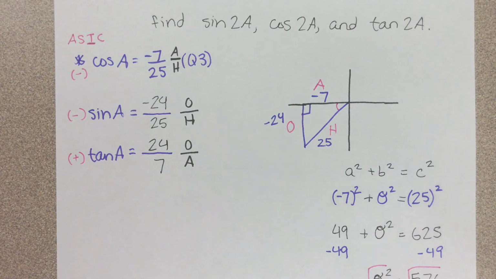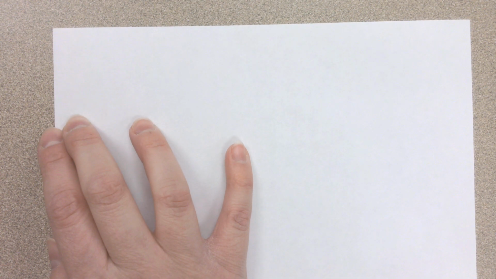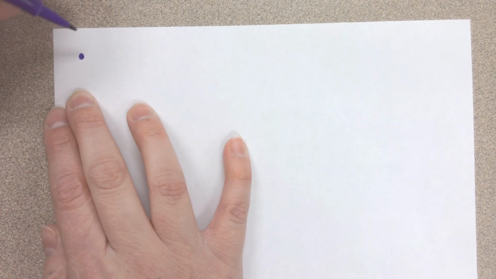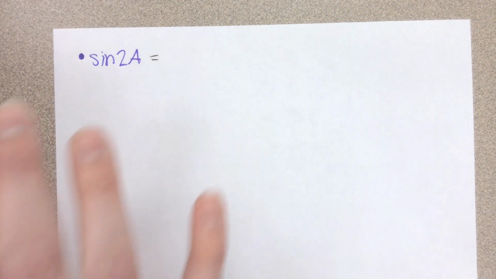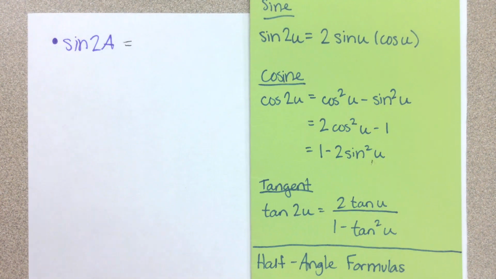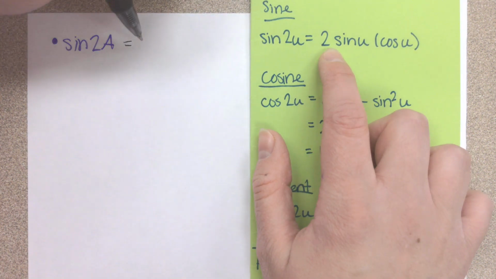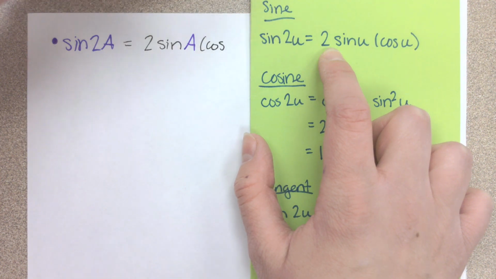Okay, now that we have our values, we are able to find the three values they ask us for. I'm just going to go in order. We have sine of 2a. Following our formula here, instead of a u, we're obviously just going to replace it with a. 2 sine of a cosine of a.